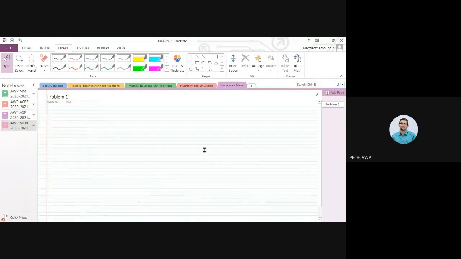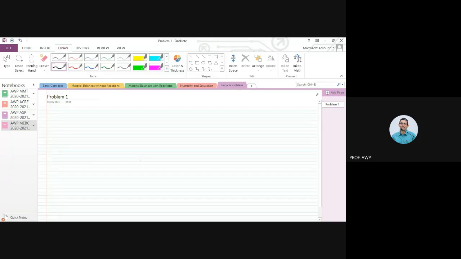Now we are going to look at recycle problems, a general strategy for solving them, and some terminology associated with recycle streams as well.